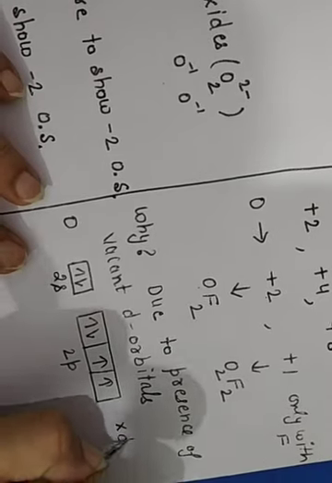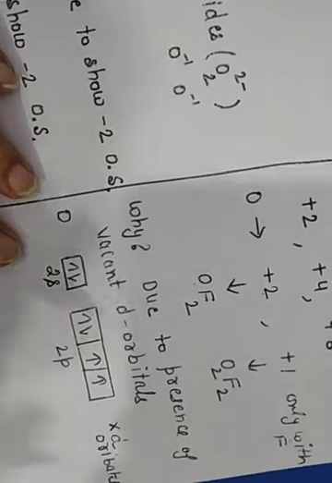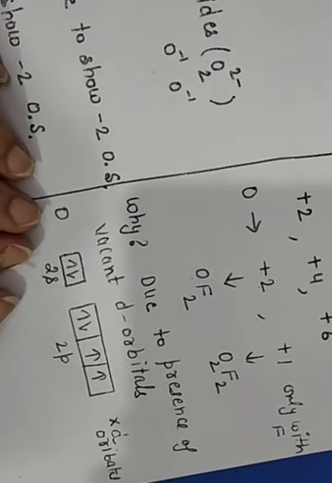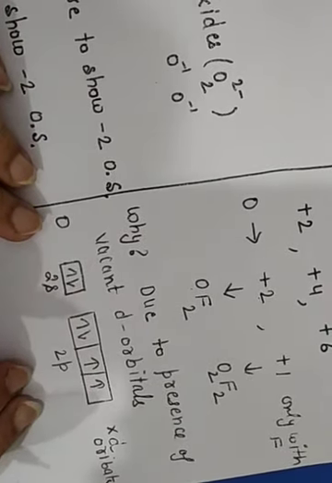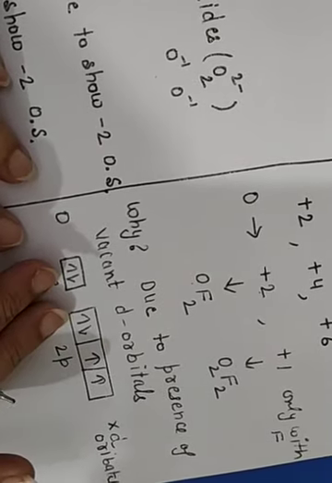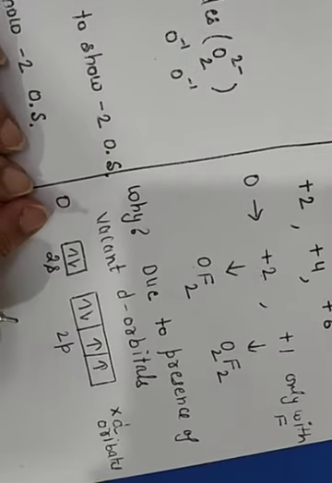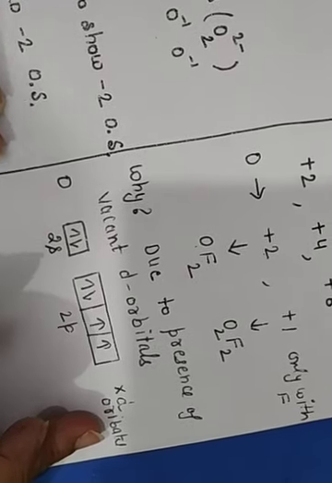As the second shell does not have d orbitals, oxygen has the tendency to form 2 covalent bonds, isn't it? 4 and 6 bonds are not possible in case of oxygen, as it does not have d orbitals.